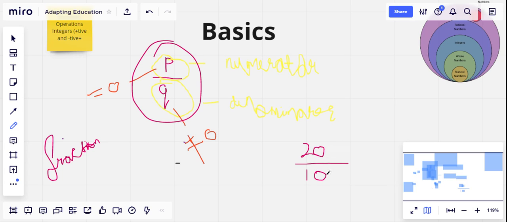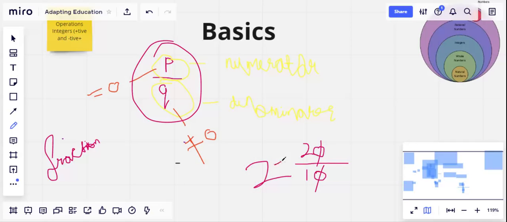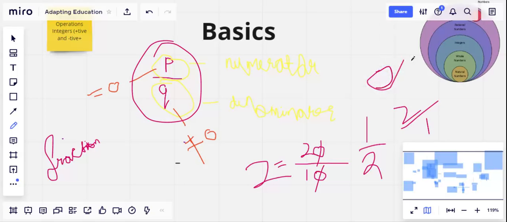Both the numerator and denominator have 0, so the zeros can be cut together. Now 2 by 1 is equal to 2. If it had been 1 by 2, it would have been completely different. But 2 by 1 is complete. It's one whole.